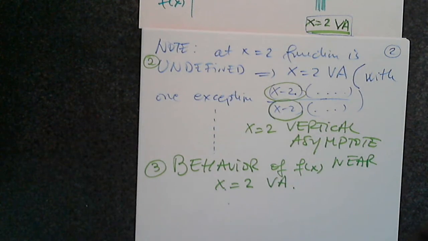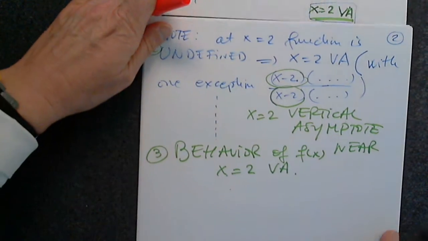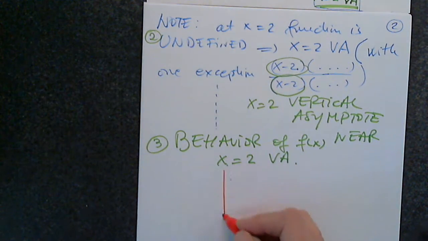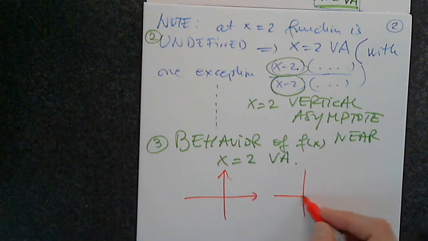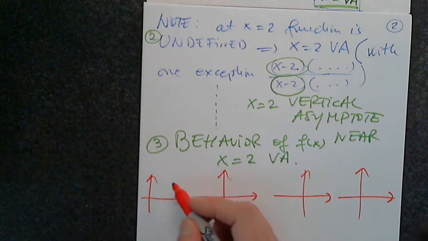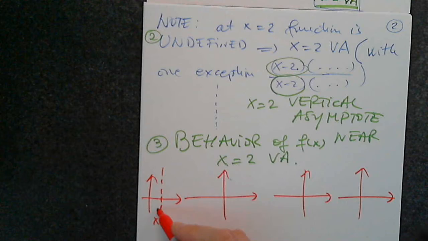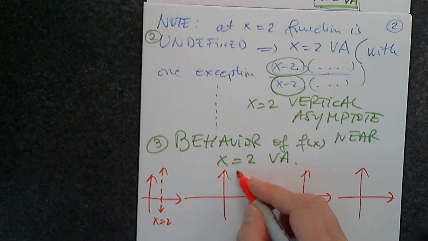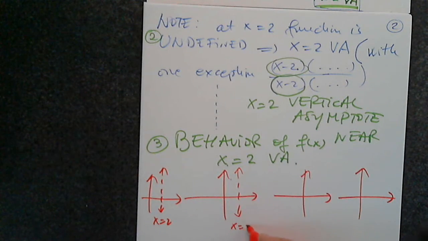What are the possibilities? Here are the possibilities. Here's x equals 2, the vertical asymptote.